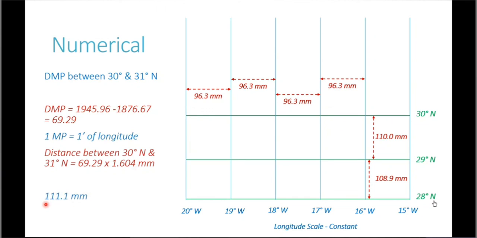This gives us the gap between 30 and 31 as 111.1 millimeters. Again, you can see the distance between 30 and 31 has increased from 110 to 111.1. So we can now measure this distance, 111.1, and keeping this distance, we can mark off the parallel of latitude of 31 degrees north.